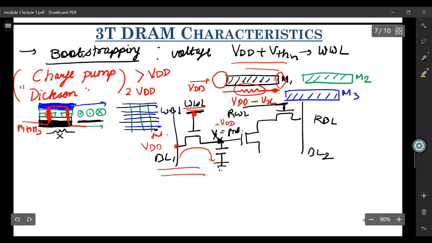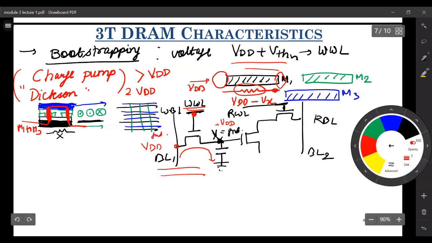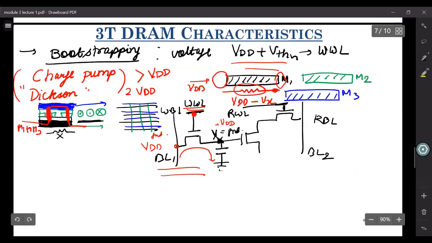So this write part is decoupled from the read part, like in 8T SRAMs. Now let us take the case of how you can read it. Let's say now this potential is VDD and you want to read it. So during read, what we'll do is, first we will pre-charge BL2, which we also call the read bit line.